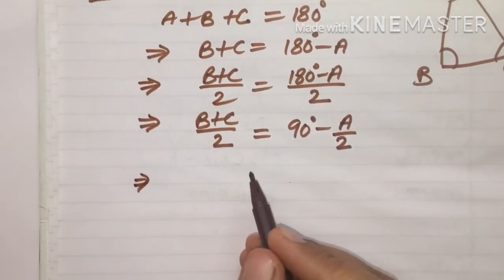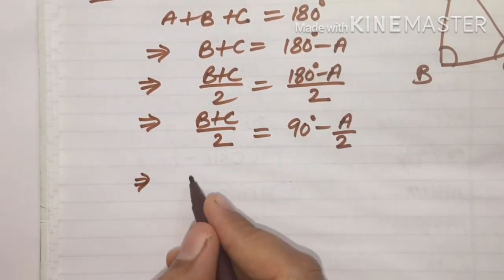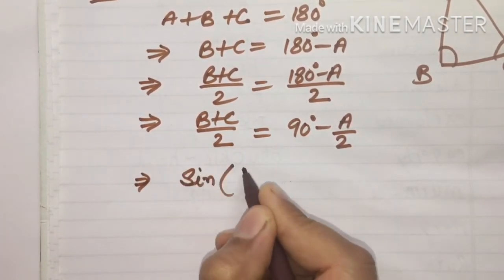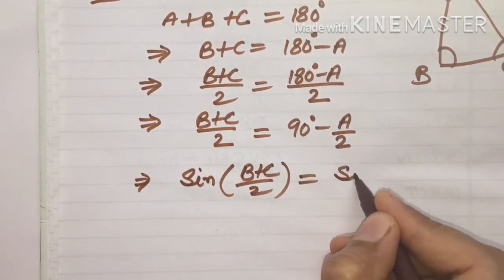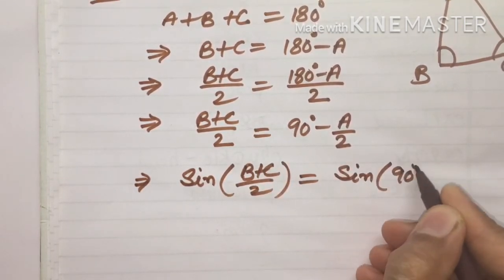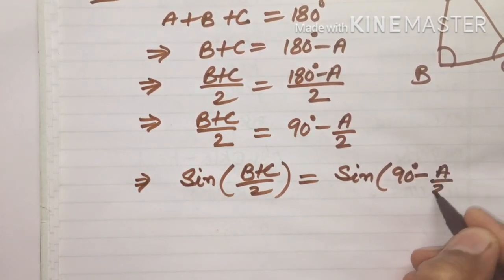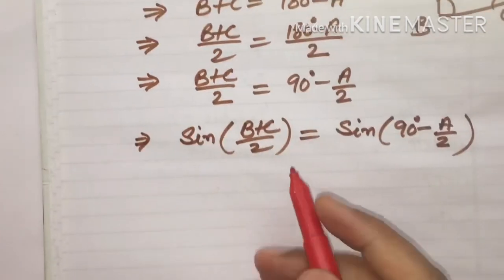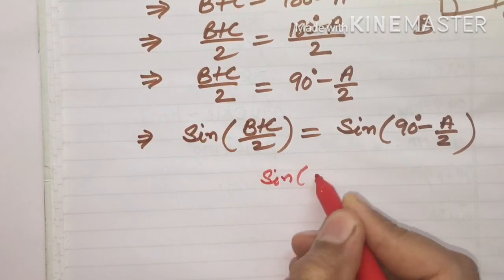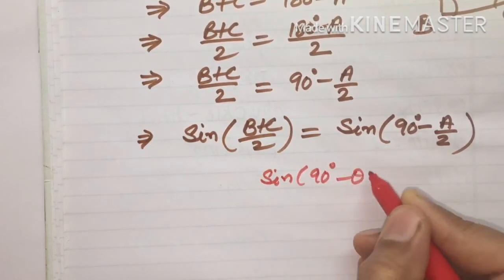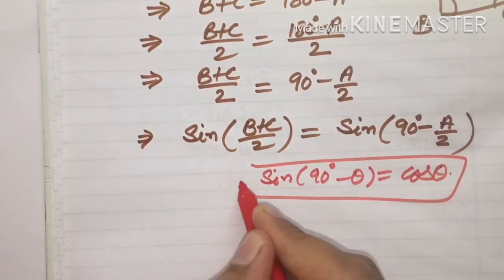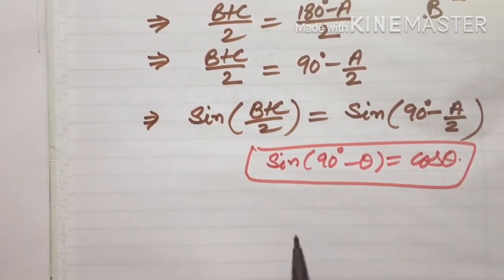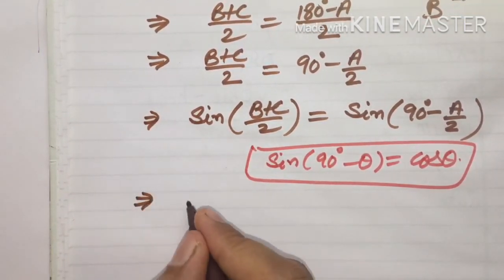If I apply the sine function on both sides, it will be sine (B plus C) upon 2, and on the right side sine(90 degree minus A upon 2). As we know that sine(90 degree minus theta) is equal to cos theta. So we will use this relation here in our question.